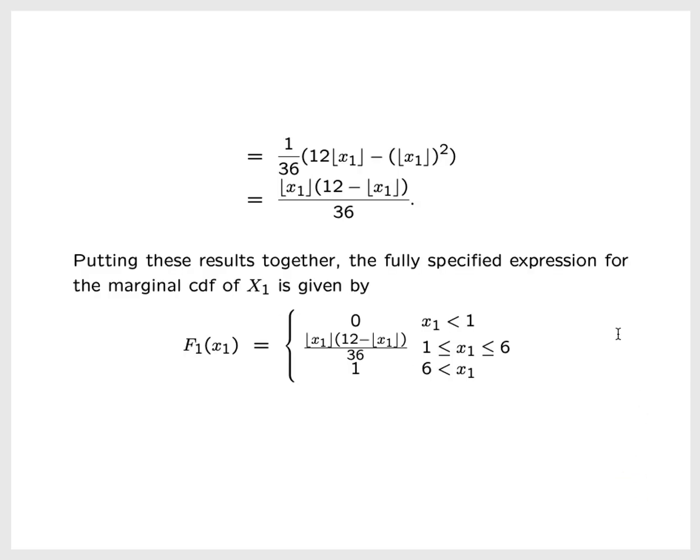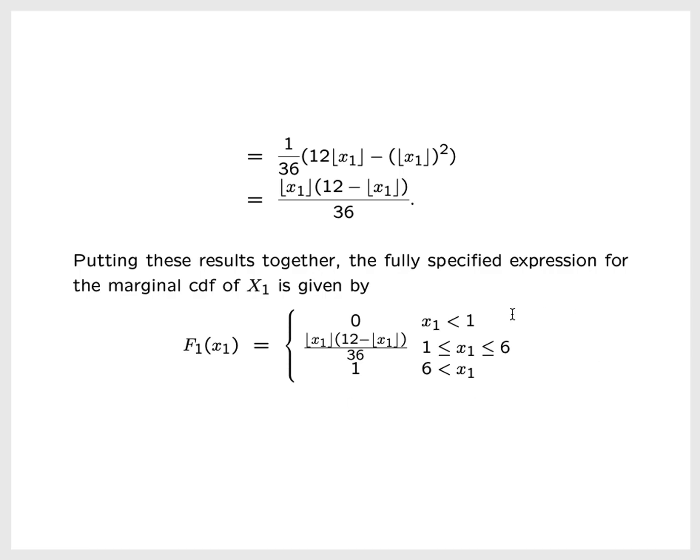And when you simplify, you get this expression: the greatest integer function evaluated at x1 times the quantity 12 minus the greatest integer function evaluated at x1, all of that over 36. And so when we put these three results together, we get the fully specified expression for the marginal CDF of x1 given here.